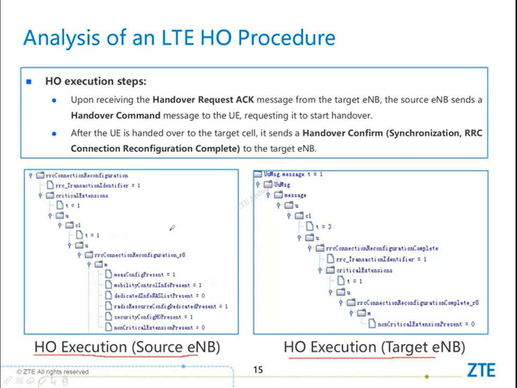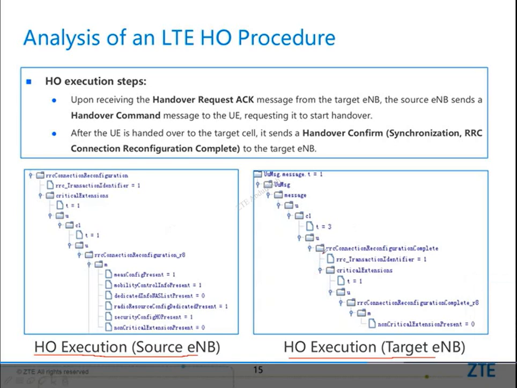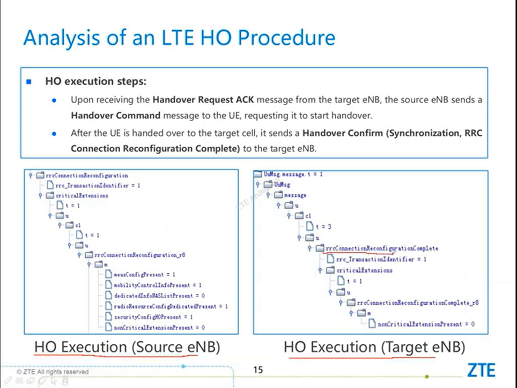Okay, all target cell information. And after the UE receives this message, the UE will start to hand over. This procedure is just like a random access. Okay, after accessing the target cell, the UE will send the second message. This message is RRC connection reconfiguration complete to the target eNodeB, just informing the target eNodeB that now I'm finished.